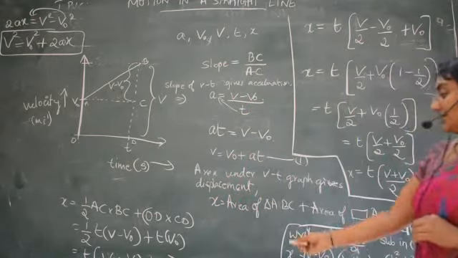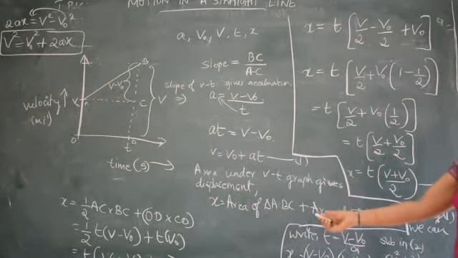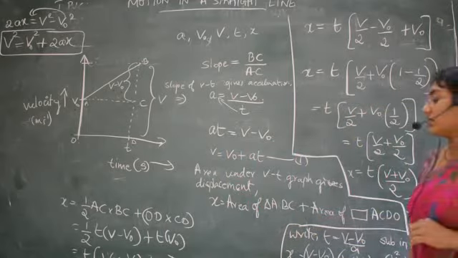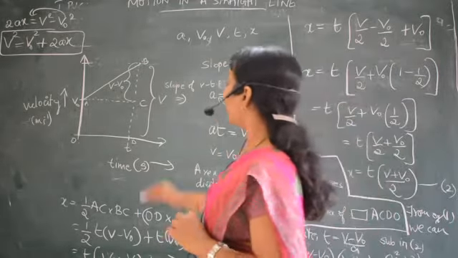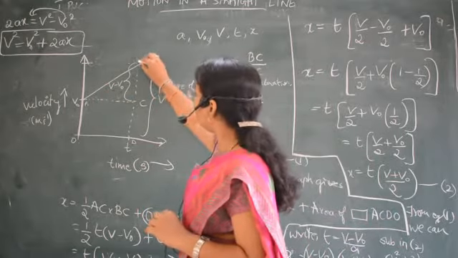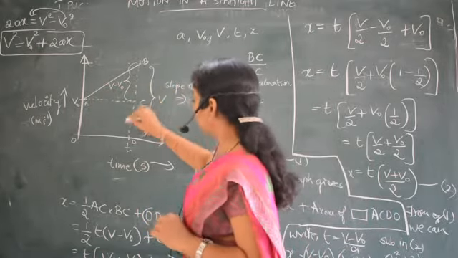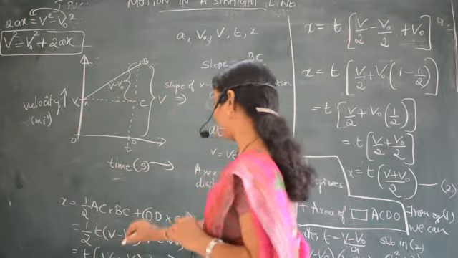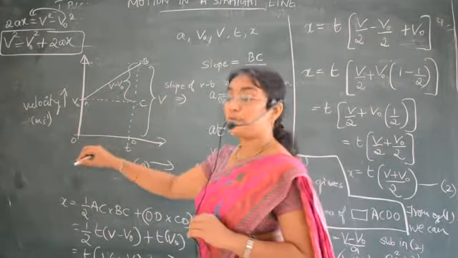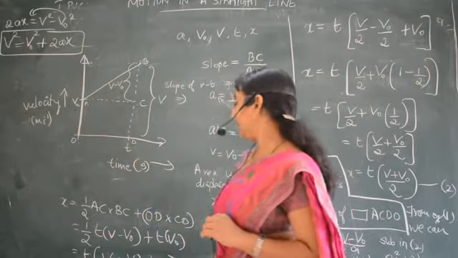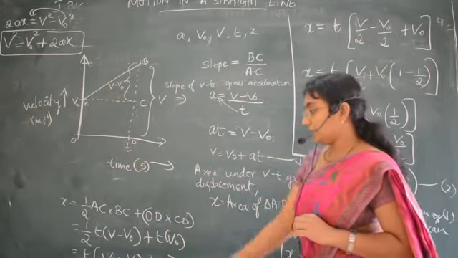So we can write X is equal to area of the triangle ABC plus area of the rectangle ACDO. So area of the triangle is half into base into height, plus area of the rectangle, which is length into breadth. Length into breadth. So substitute there.